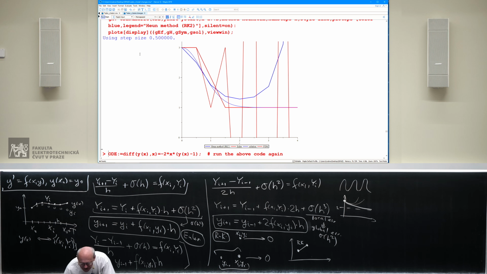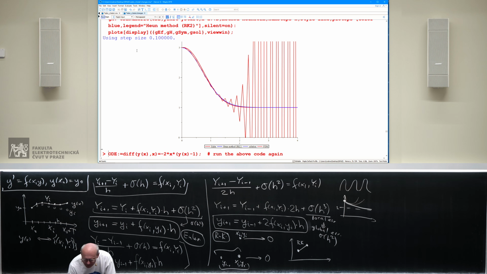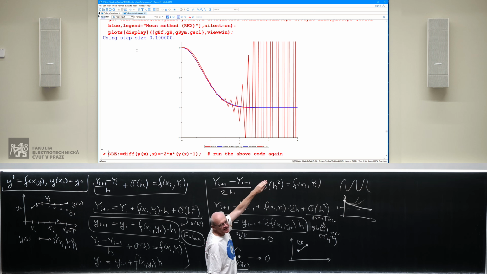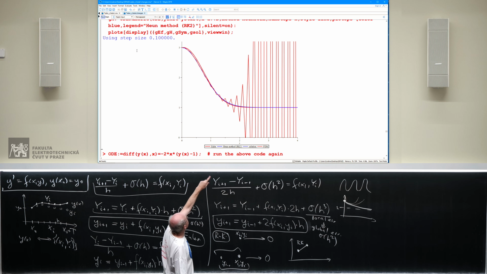Okay, let's pass to a smaller step size. We want to cure those oscillations, 0.1. Well, what did just happen? The Euler curve got closer to the solution, and it's actually fairly good. The Runge-Kutta method is also very close to the solution. It sticks to it now. It doesn't go away. But the brown curve, the new method, keeps oscillating, and the amplitude seems to be increasing.